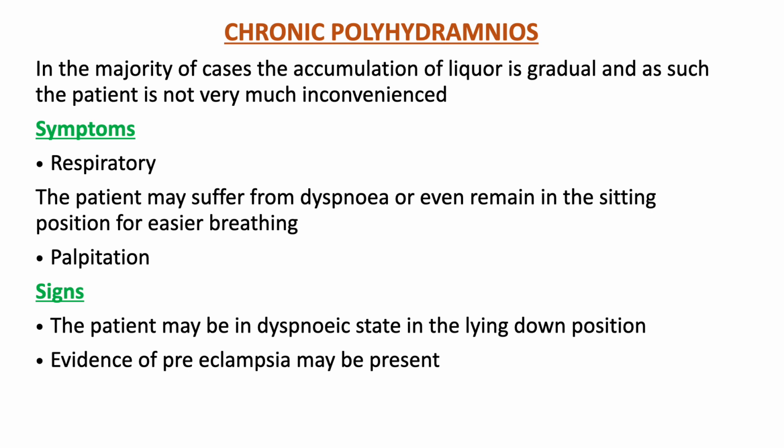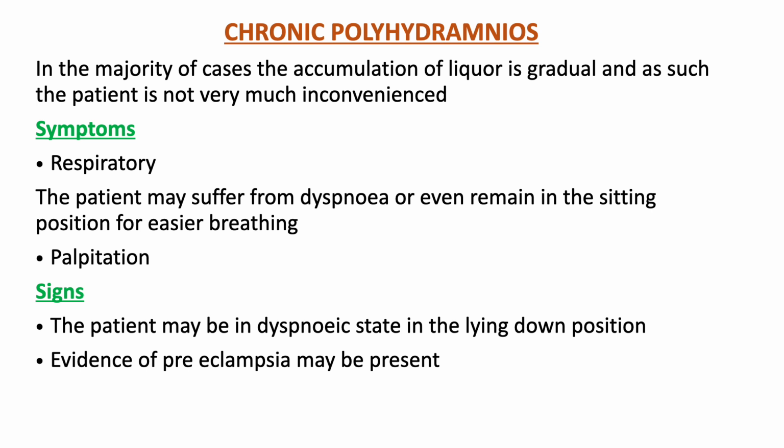The symptoms which you can see are respiratory. The patient may suffer from dyspnea or even remain in the sitting position for easier breathing. Palpitation, and also you can see edema of the legs, varicosities in the legs or vulva, and hemorrhoids.